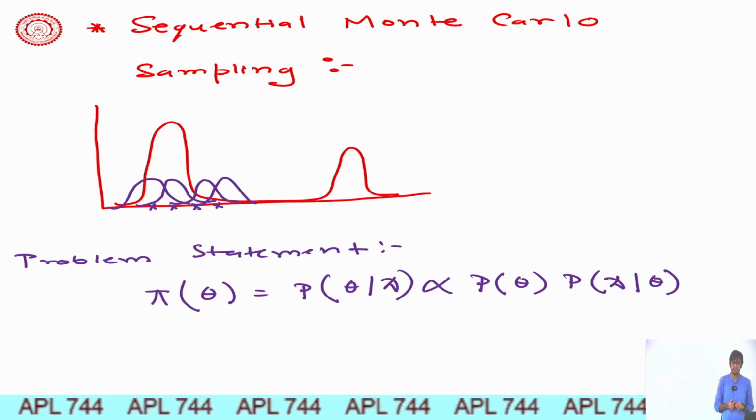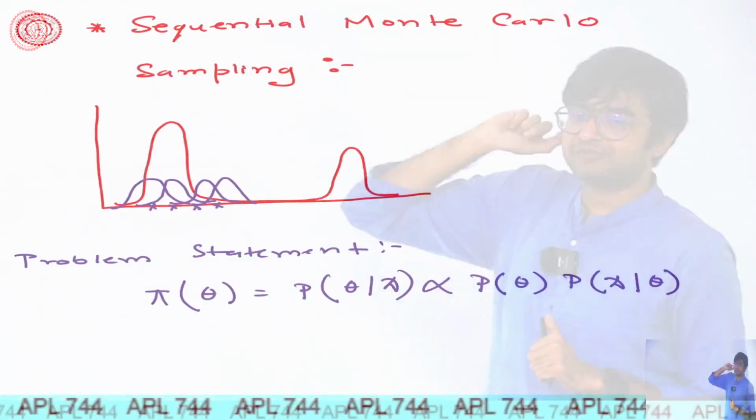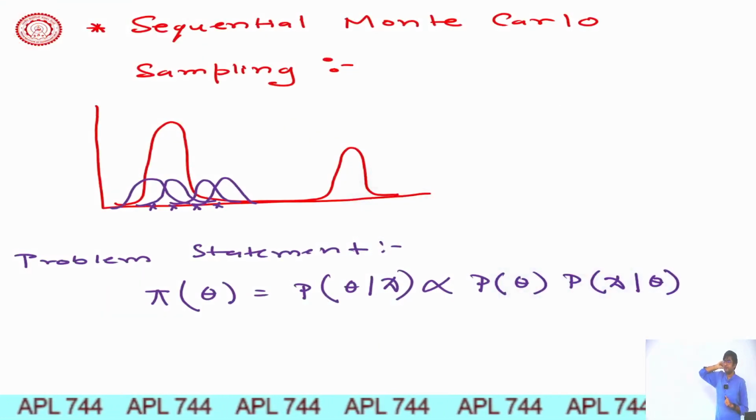So the key idea here is as follows. See if you agree with my observation or not. It is very easy to sample from the prior. You agree? Or do you disagree? It is very easy to sample from P of theta. Is that a correct statement or a wrong statement? P of theta is something you generally assign, and you assign them generally to be some known distribution.